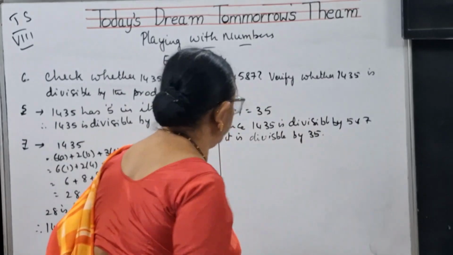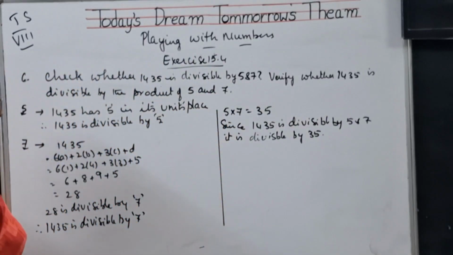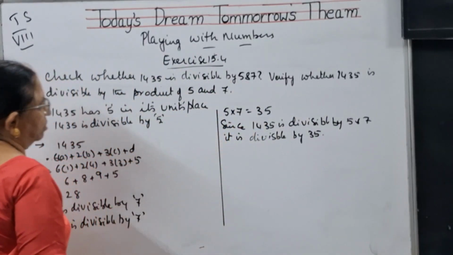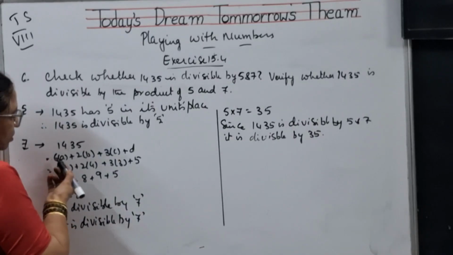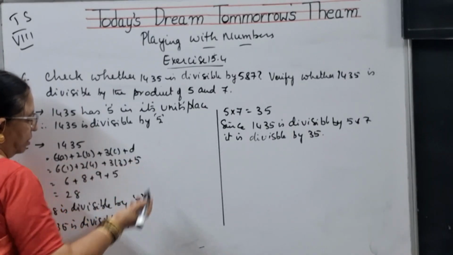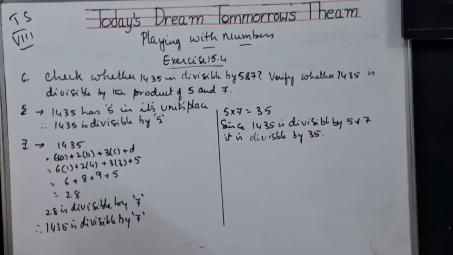This is the proof, children, because if it is divisible by the factors, it is divisible by their product also. So divisibility of 5, divisibility of 7, once again for 4 digits, 6a plus 2b plus 3c plus d. Find this out, children. Please understand. I think I am clear. With this, I am completing my task today. In the next class, I will be doing the next part.